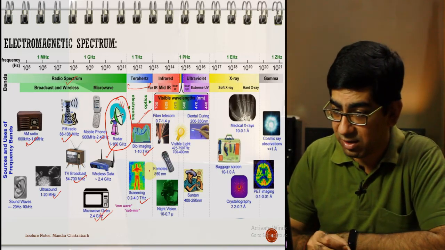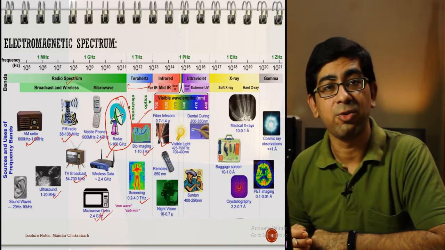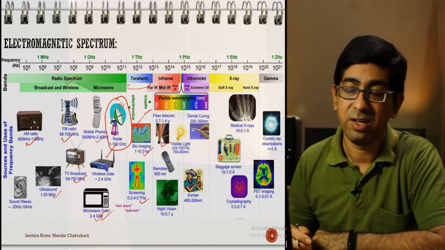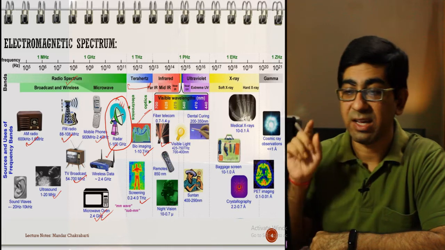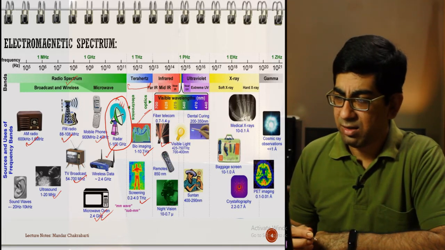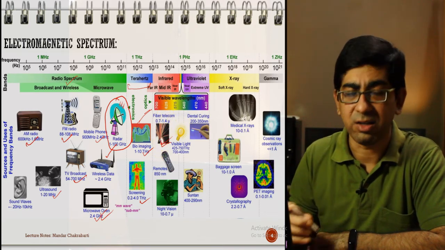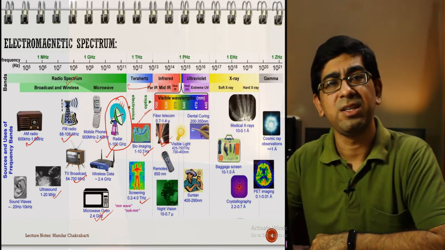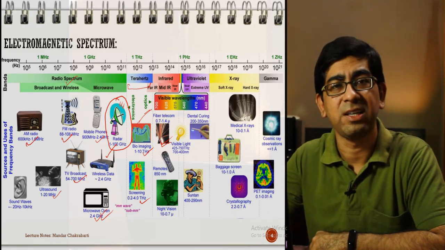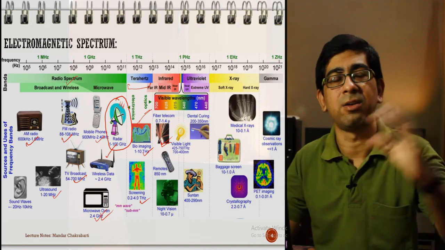The next one, fiber optic communication, something that we were referring to in the earlier video, relies heavily on the infrared frequency range. In fact, your fiber optic communication network forms the backbone of the modern communication system of the entire world.